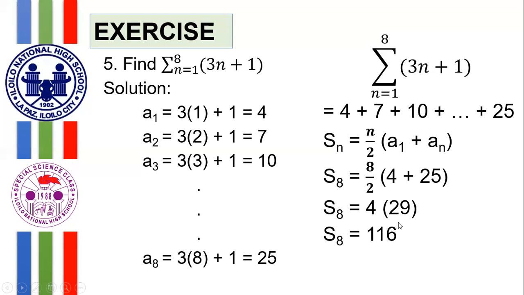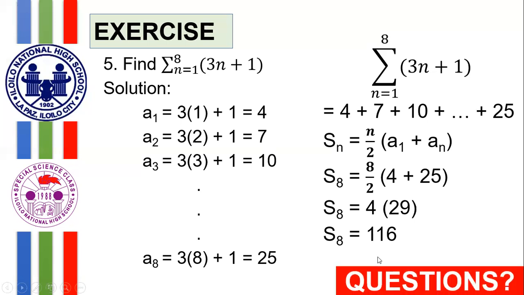And you get a product of 116. Hence, the sum of the first 8 terms of this summation has a value of 116. I hope you got it.